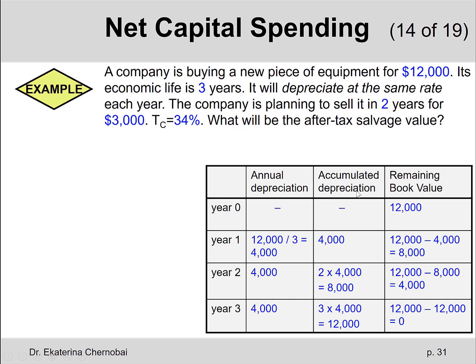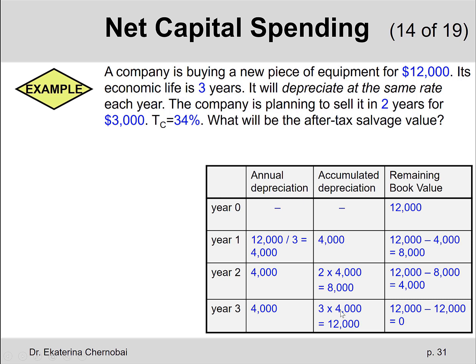For each year, we can also calculate the accumulated depreciation. After the first year, we have lost $4,000 in value. After the second year, we have lost 2 years' worth of depreciation. So 2 multiplied by $4,000 gives $8,000. And after 3 years, all value is lost.